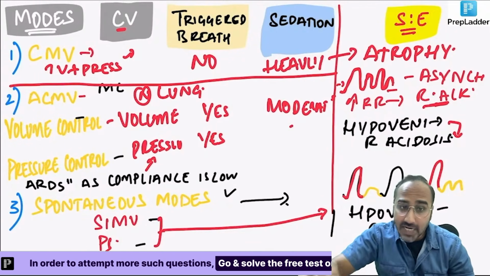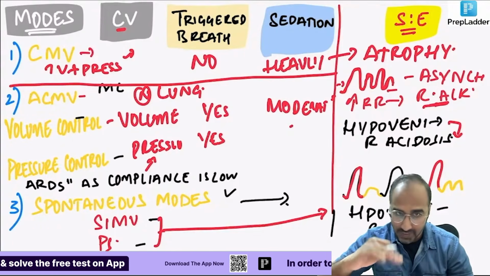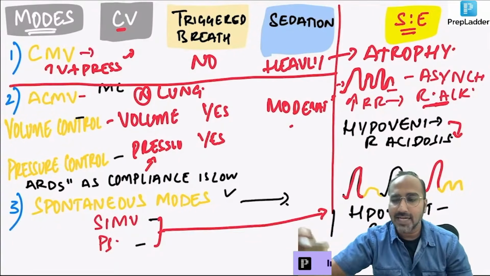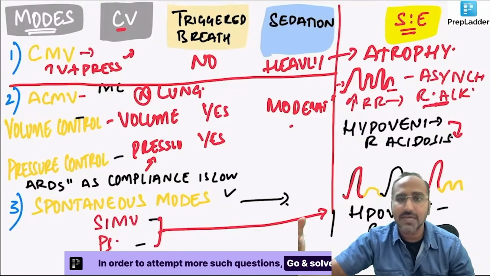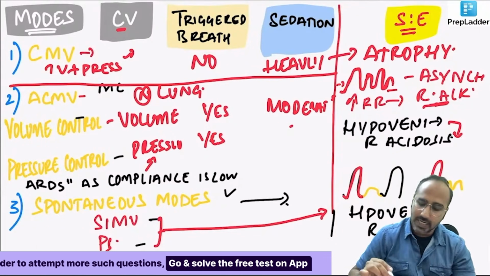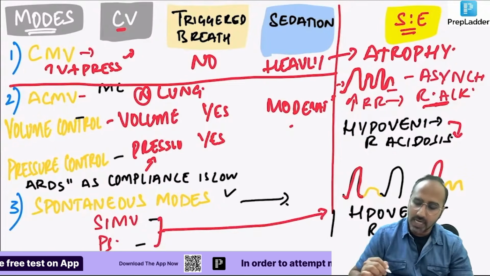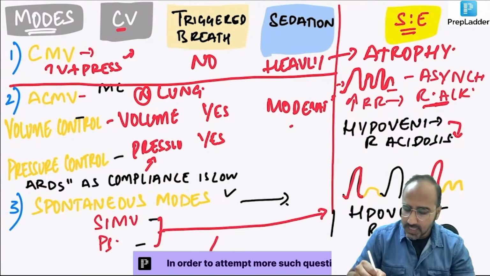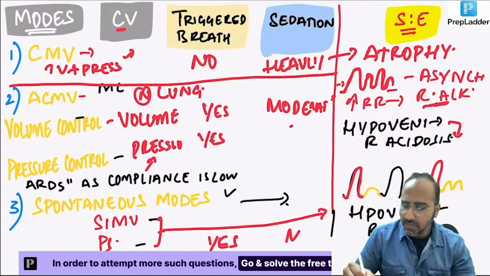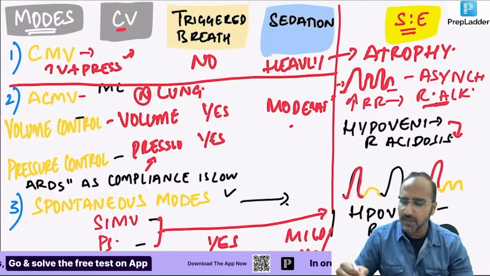If the patient is improving on ACMV mode, we can remove the patient from the ventilator, but before removing it, we keep the patient on spontaneous mode. In spontaneous there are two modes, SIMV and pressure support mode. In SIMV mode, triggered breathing is allowed, and mild to no sedation might be required.